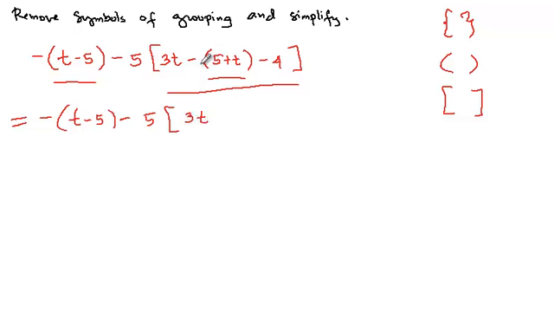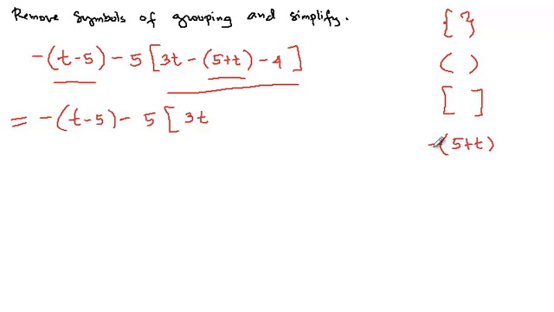So, this is simple. What's the meaning of that minus 5 plus t? The meaning of that minus sign is like the whole quantity minus that, or negative 1 times the whole of that quantity.